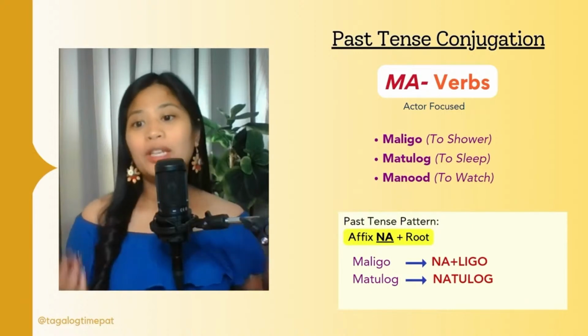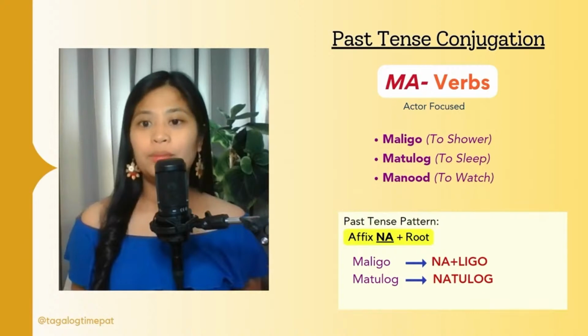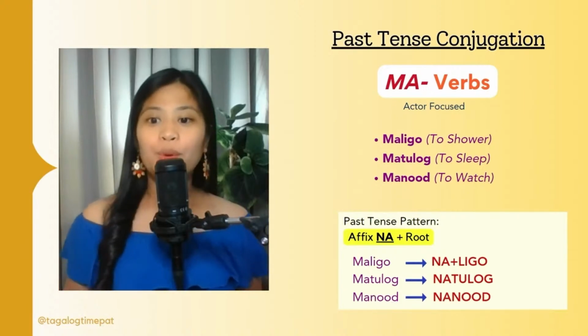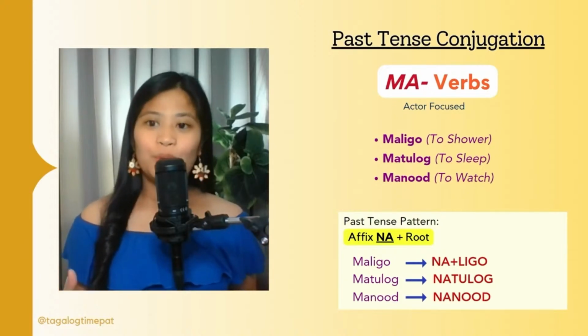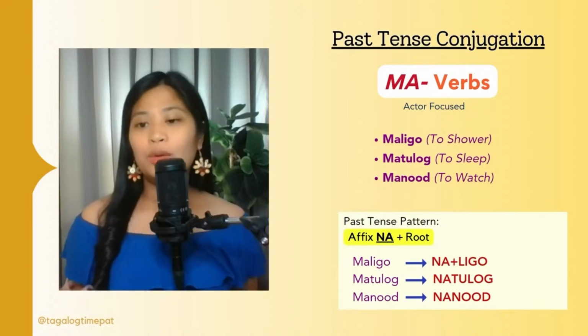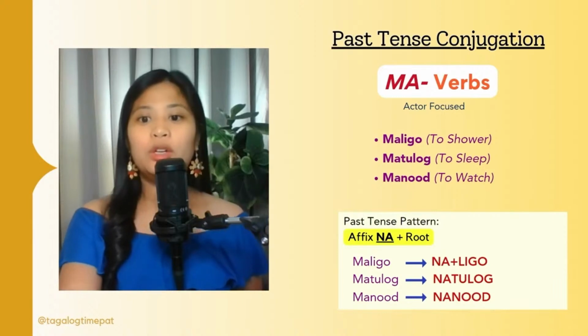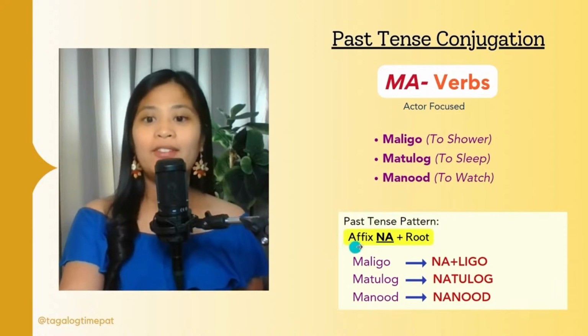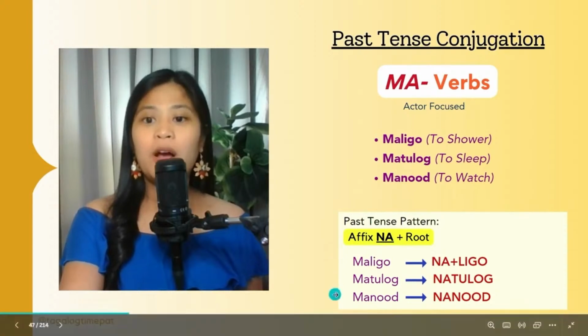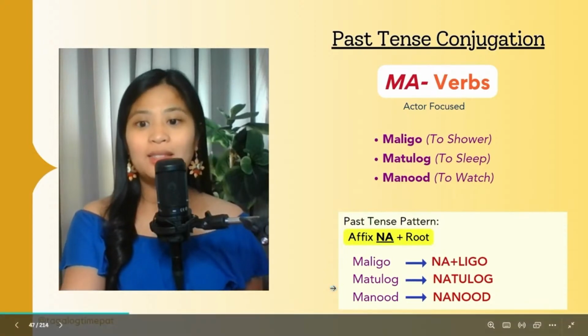Natulog ako, I went to sleep. And then manood will be nanood. So, nanood ako ng sine. I watched a movie. So again, we are just using this pattern, affix na plus the root, and that is how you change ma verbs into the past tense.